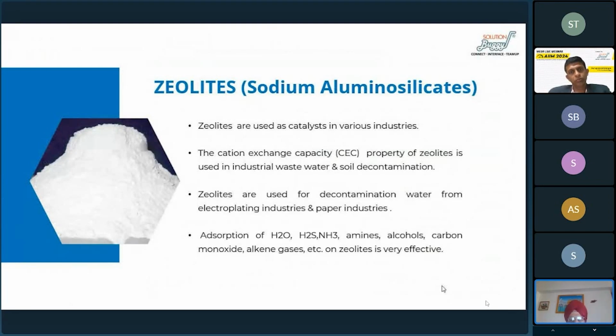The bigger size of molecules can be separated by X and Y-type zeolites, because it all depends upon the size of the molecules which are to be separated from one another. A smaller size will be separated and bigger size will pass. A bigger size will be separated and a smaller molecule will pass through the zeolite. So separation will take place, and for that it is very effective.